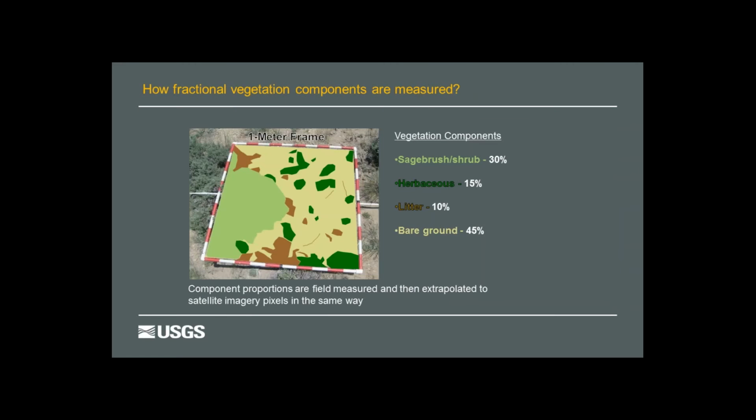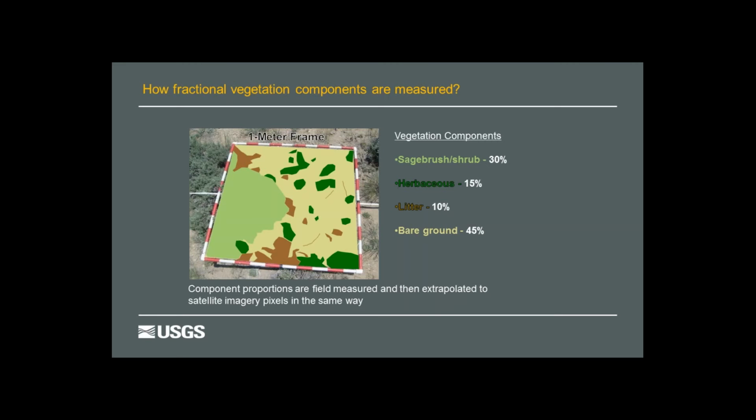Now, how do they go about collecting this field data? How are they measuring these field data? I know they use several different methods, but one method I think will explain how they gather that data best is where they drop a 1 meter frame in a predetermined location. And then they use ocular estimates to estimate how much of each component exists within that 1 meter frame.